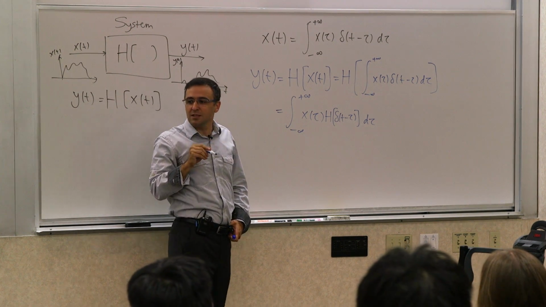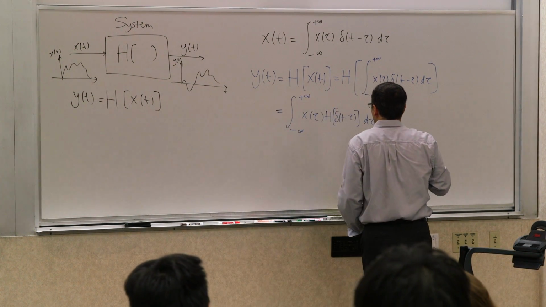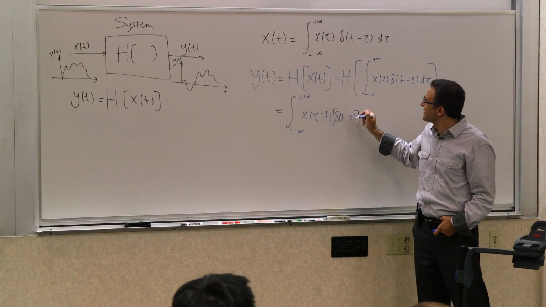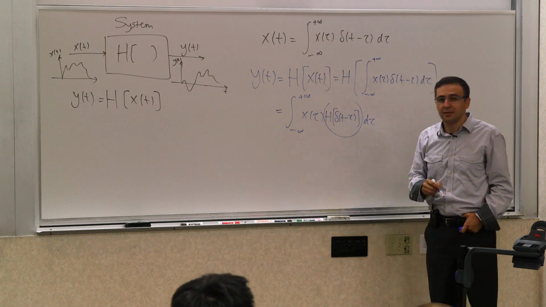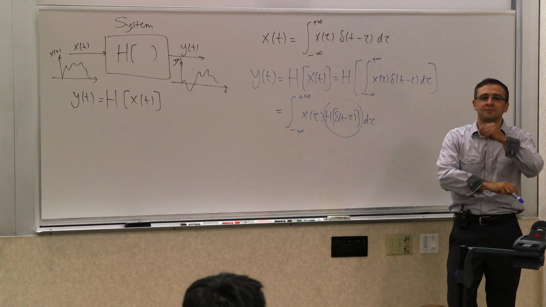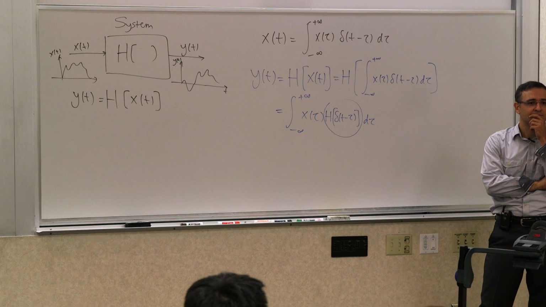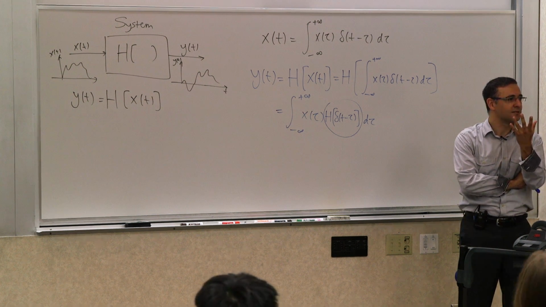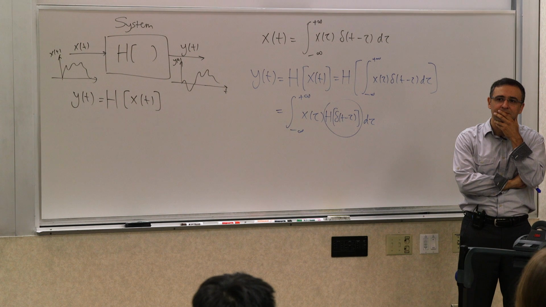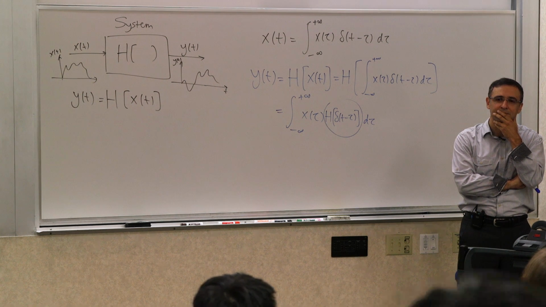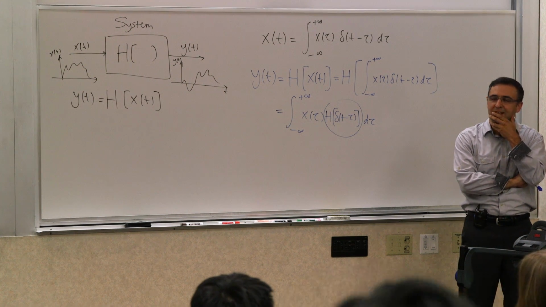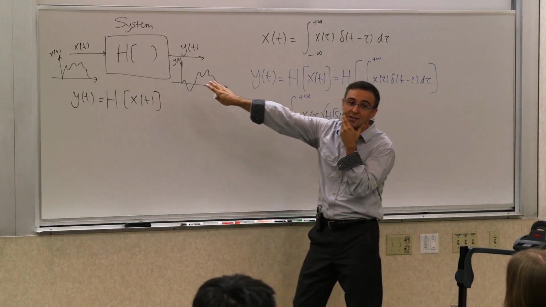So what does it do? What does it do to this thing? What is this, if you think about it? What is that? Not mathematically, physically, what is it? What does it represent? This is the operator that represents the system, right?